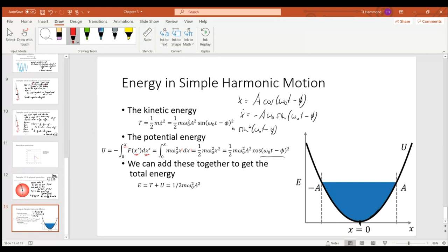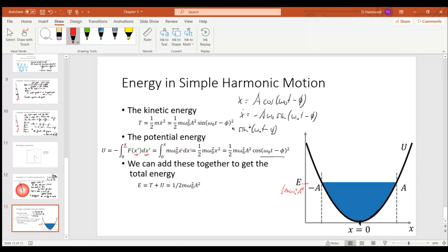So the total energy of the system is 1/2 m omega naught squared A squared. That's right. So what that means is that the energy here is always going to be 1/2 m omega naught squared A squared.